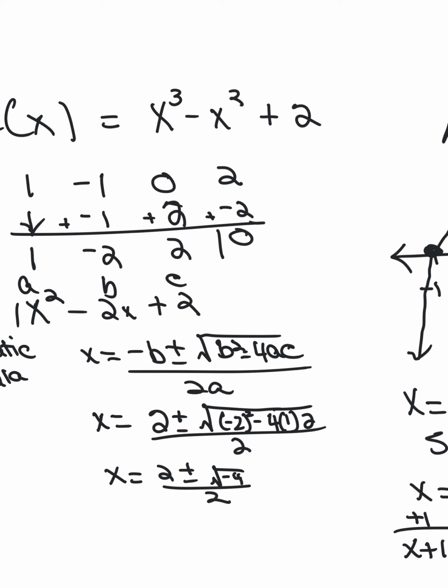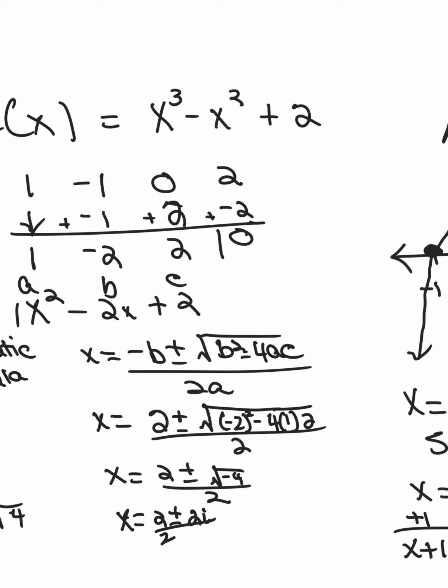Remember, with the square root of a negative number, we have to write that as the square root of negative 1 times the square root of 4. The square root of negative 1 is i, and the square root of 4 is 2. So from here, my answer is x equals 2 plus or minus 2i over 2.